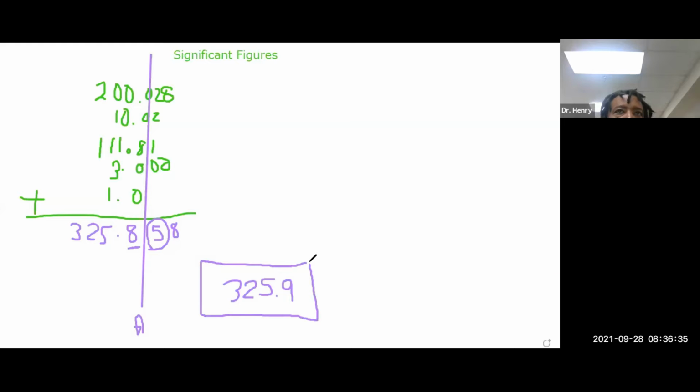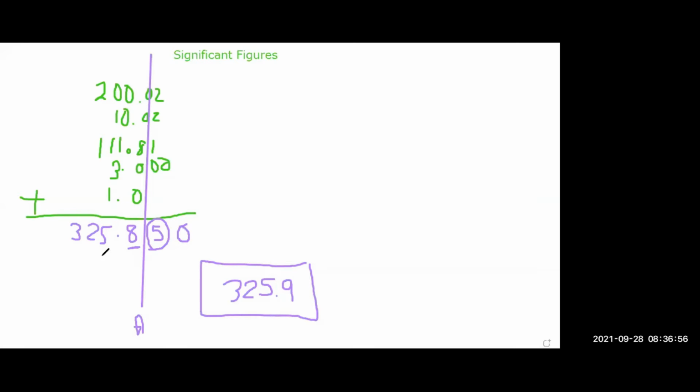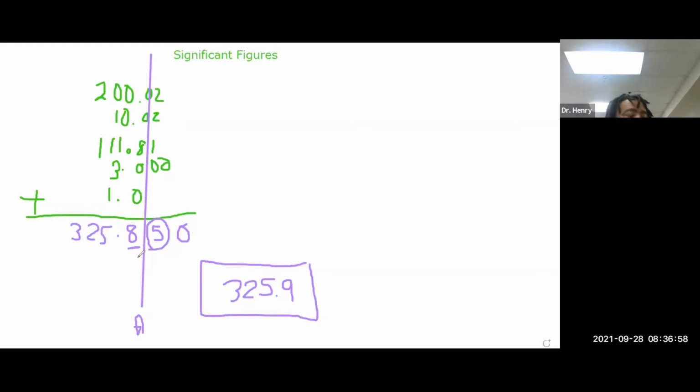Okay, so that would be my answer. Okay, now if this number was exactly 5, let's say we had zeros here. If this number was exactly 5, what would we do in that case?